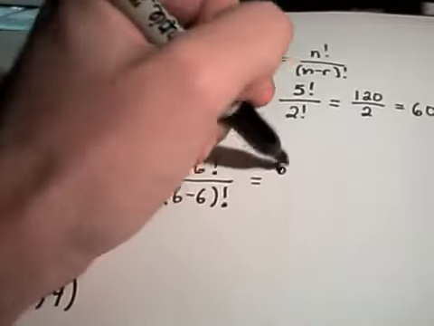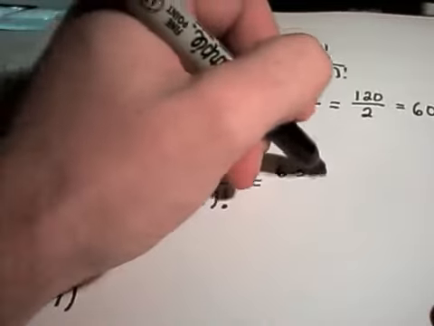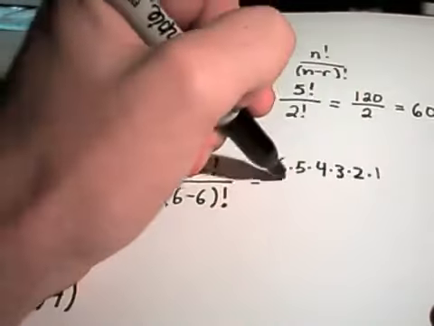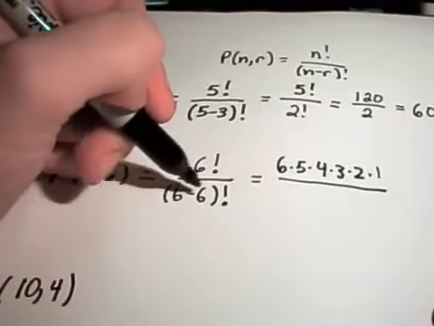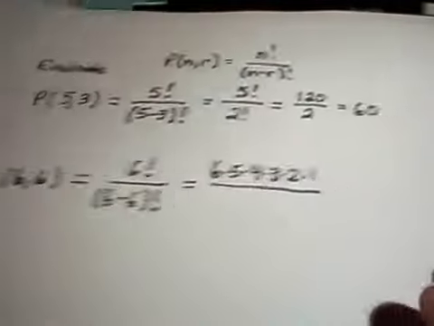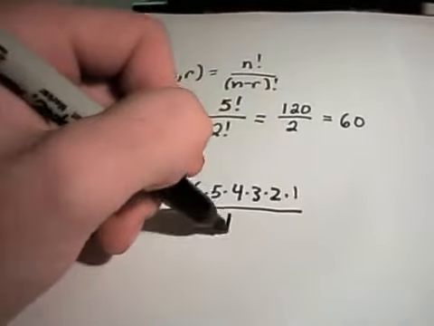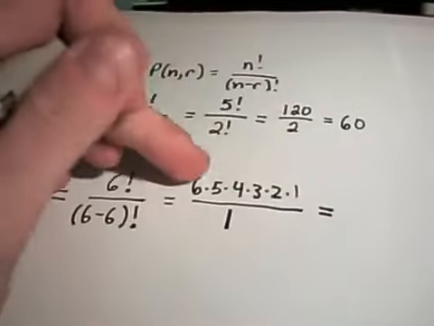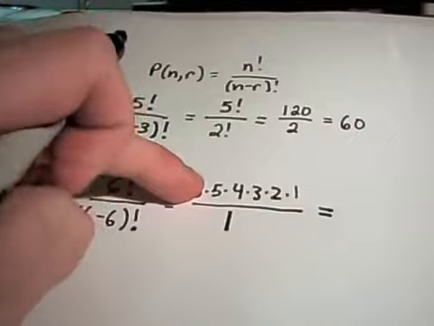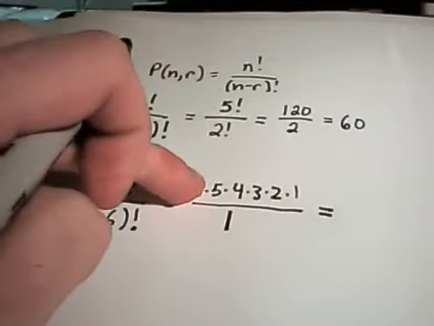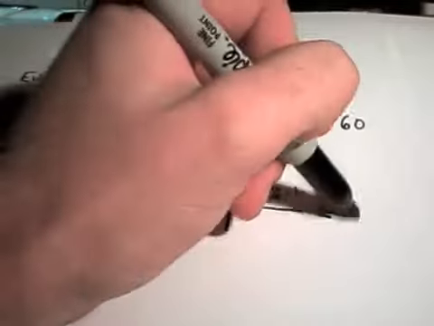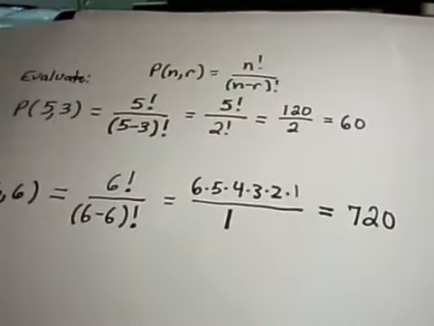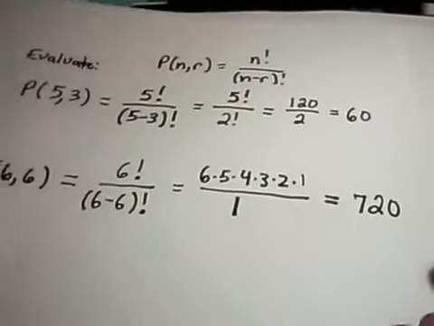Again, 6 factorial is 6 times 5 times 4 times 3 times 2 times 1. On the bottom we have 0 factorial, but remember 0 factorial is actually defined to be 1. And we just said that 5 factorial was 120. That's what we had on the top part of our other fraction. So if you multiply that by 6, you'll get 720. Okay?